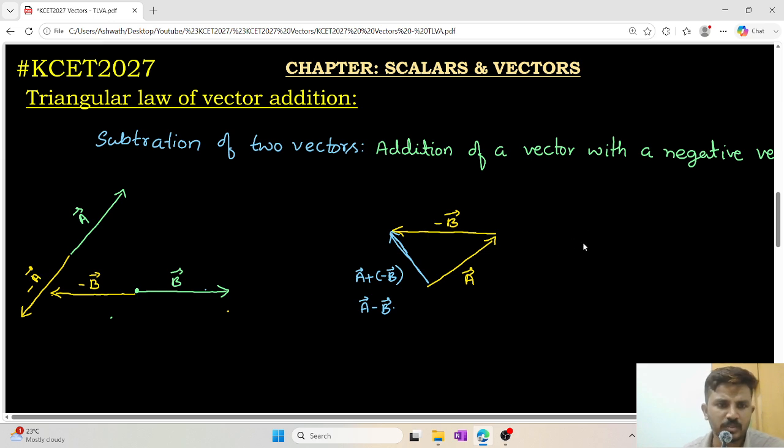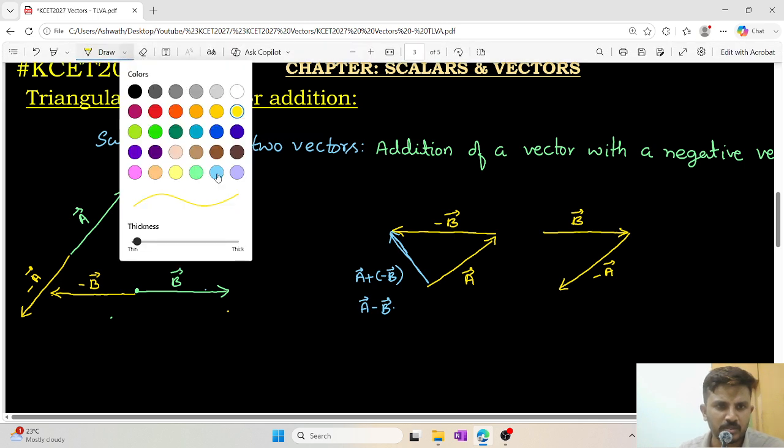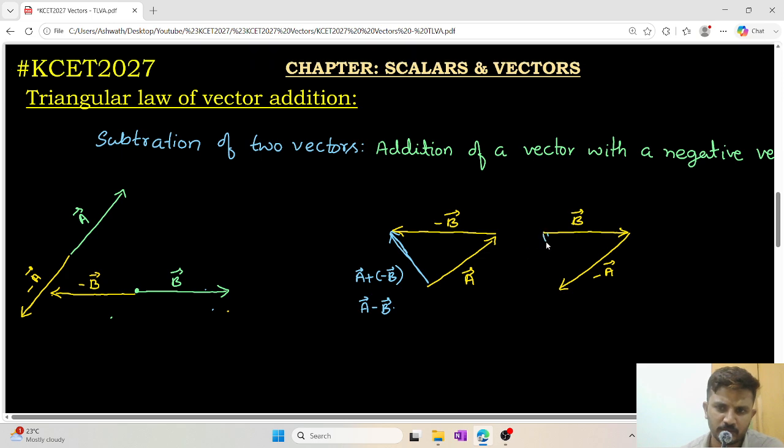First I will consider vector b, which is in this direction, and a is in this direction, minus a is in this direction. So here the resultant will be given by this side.